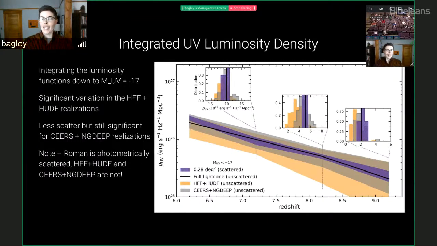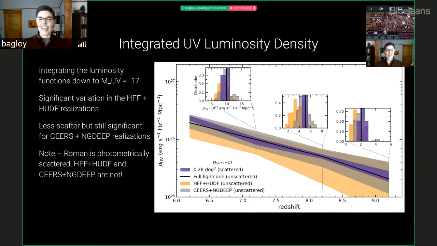And JADES would have a second pointing, but JADES and NGDEEP, at least in one region, are quite close. So, how swamped by cosmic variance would our results be if we relied just on the JWST deep fields? And what we're seeing here is that we would be fairly swamped.